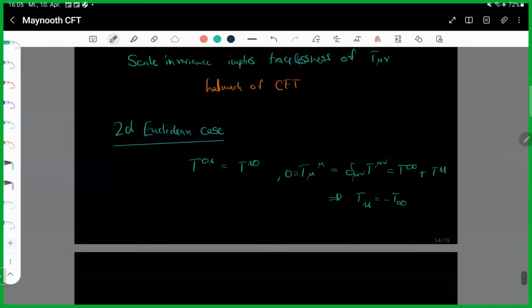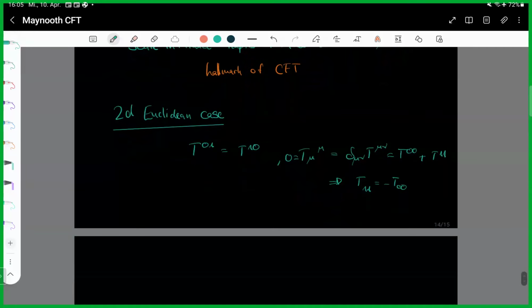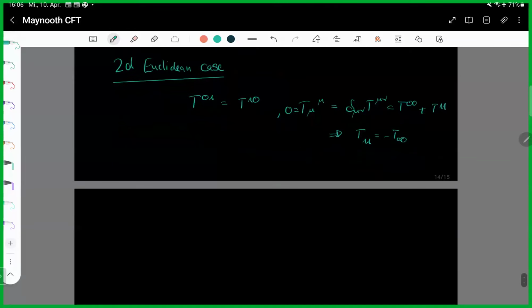So what we learn here is that the energy momentum tensor in 2 dimensions, a rank 2 tensor in 2 dimensions, has 4 independent components, and we learn that we truly only have 2 independent components, which is T0,1 and T0,0, or whichever of the other ones you fancy.